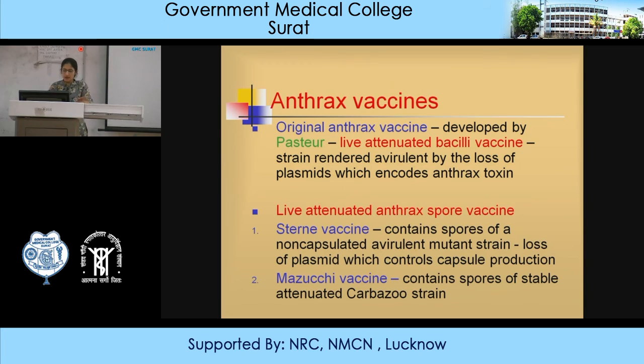The Sterne vaccine contains non-capsulated spores of an avirulent mutant strain, with loss of the plasmid which controls capsule production. So with the absence of that plasmid there is no capsule production. The other, Mazzucchi vaccine, contains spores of the stable attenuated Carbosap strain.